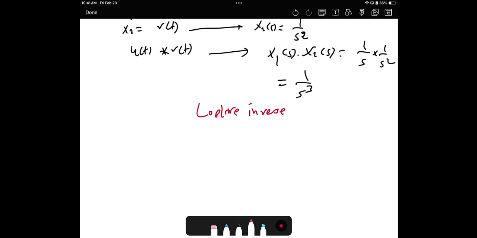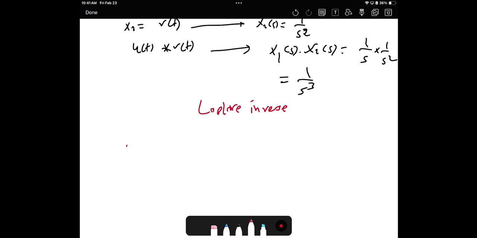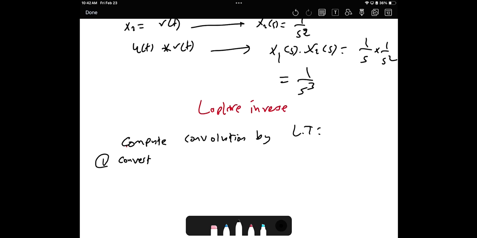So the overall procedure for computing convolution by Laplace transformation: the first thing, convert x1 and x2 from time domain to Laplace.